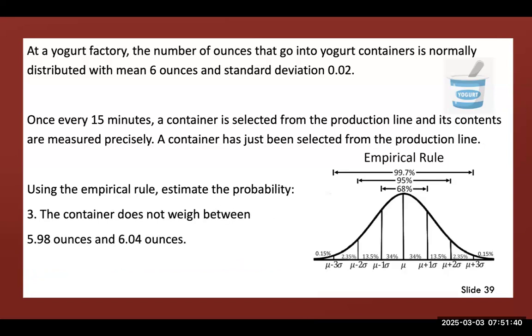You can either add everything below mu minus 1 sigma and everything above mu plus 2 sigma, or you could just find the complement of the last problem, which is what I'm going to do. The complement is 0.225. So there's a 22.5% chance that the yogurt in our container will weigh less than 5.98 ounces or more than 6.04 ounces.